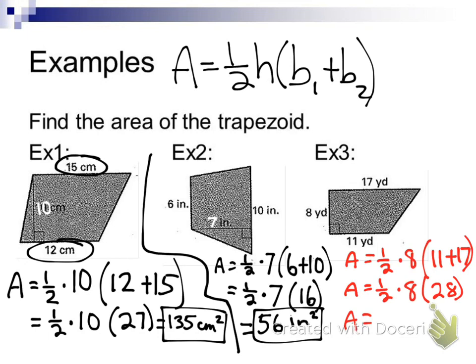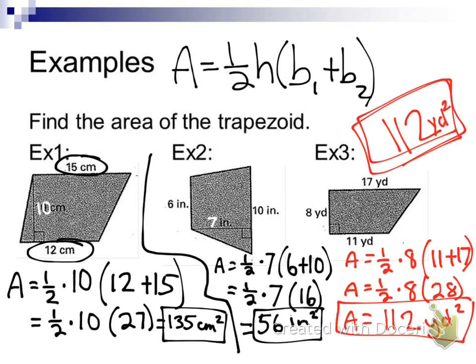So that's like 4 times 28 after you do the half. Are you getting 112? Yeah. Very good. Raise your hands if you have any questions. So if you missed it because of the little hand on the bottom, it's 112 square yards.